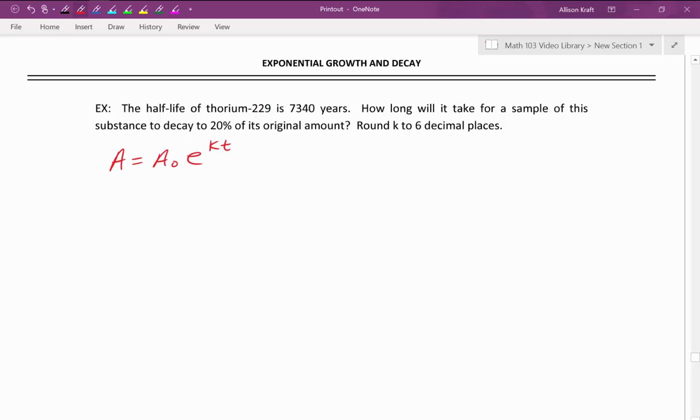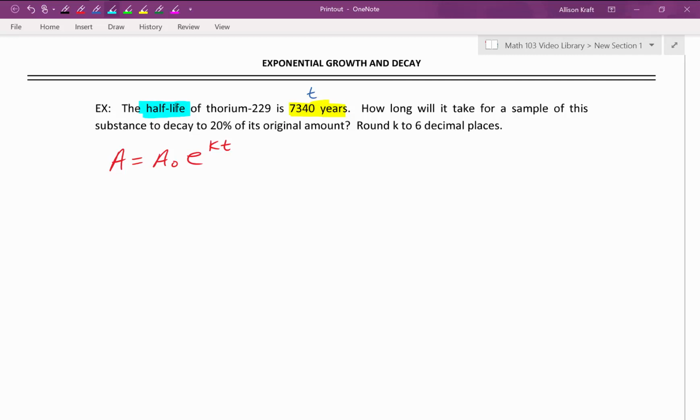In our first sentence here, we are told that the half-life is 7,340 years. So this is our t, but notice that they didn't give an initial A or an amount A either. Now, this is something that we just have to remember about half-life. Half-life is how long does it take for half of the substance to go away?